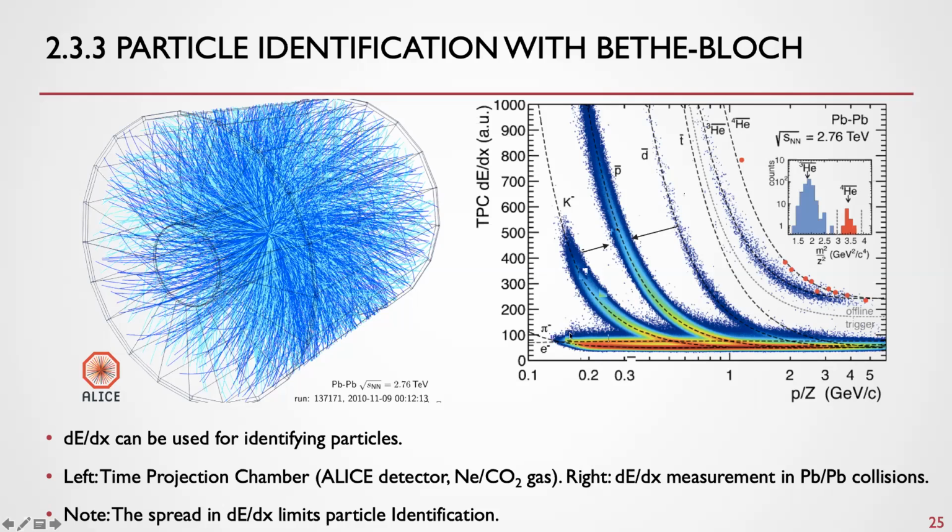For those guys, actually, it's Bremsstrahlung that's most important, but kaons, antiprotons, anti-deuterium, anti-tritium. This is not the top quark, this is anti-tritium. Anti-helium-3 and even anti-helium-4 can be identified.